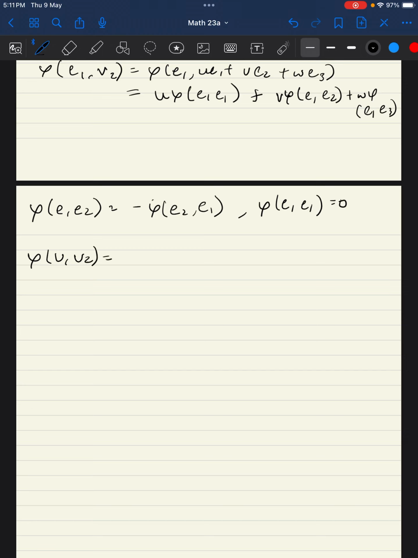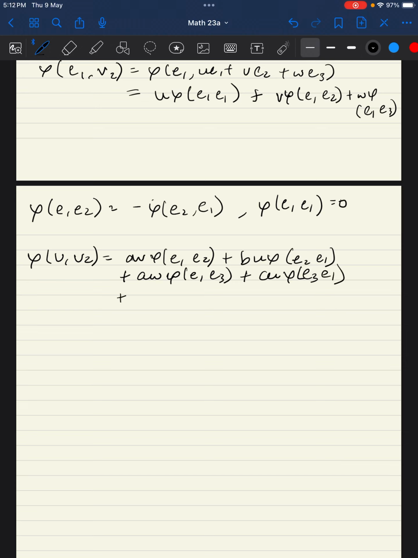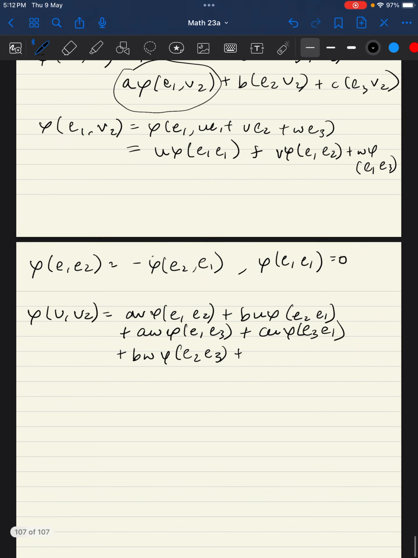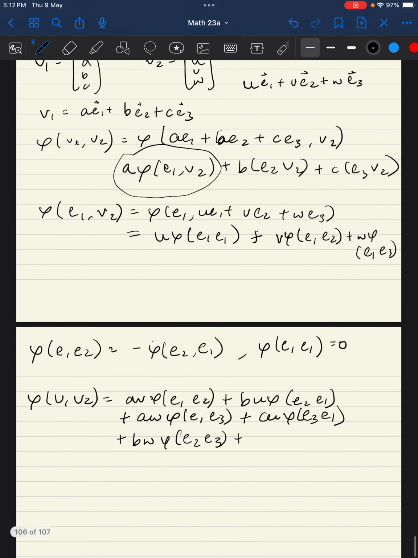So phi of V1, V2 is equal to AV phi of E1, E2 plus BU phi of E2, E1 plus AW phi of E1, E3 and CU phi of E3, E1 plus BW phi of E2, E3 plus, oh, why did I make this harder for myself?